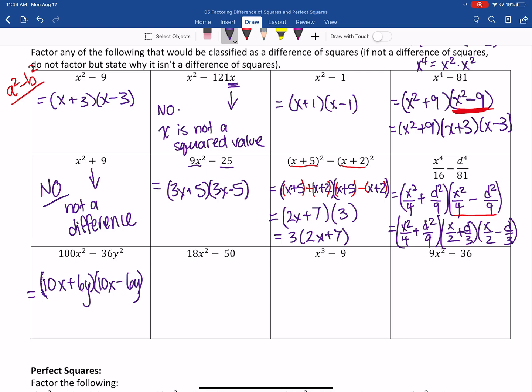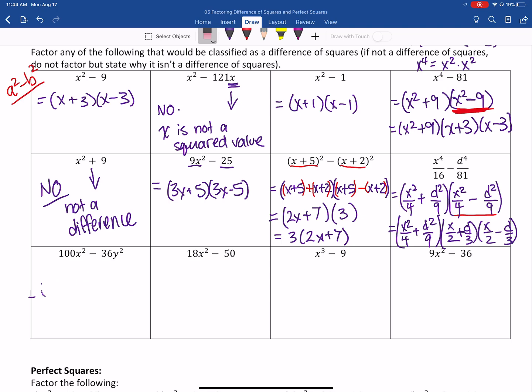I'm staring at this again because I'm always checking to see if I can factor further, and I can factor further. I can take out a 2 out of each one. And that indicates to me if I can factor both of them, I could have common factored before I did this already. So it's okay, we made a mistake.